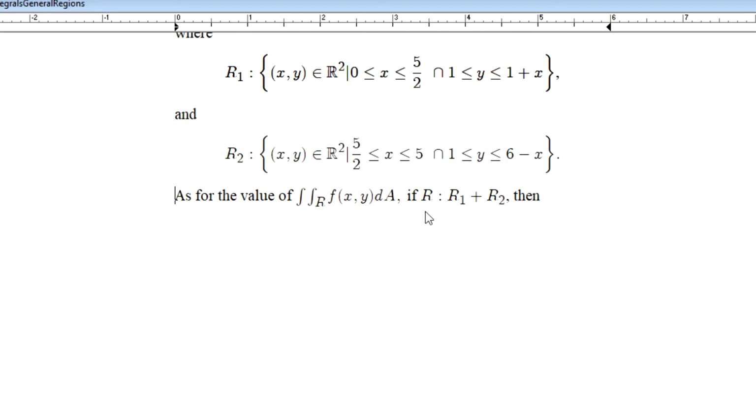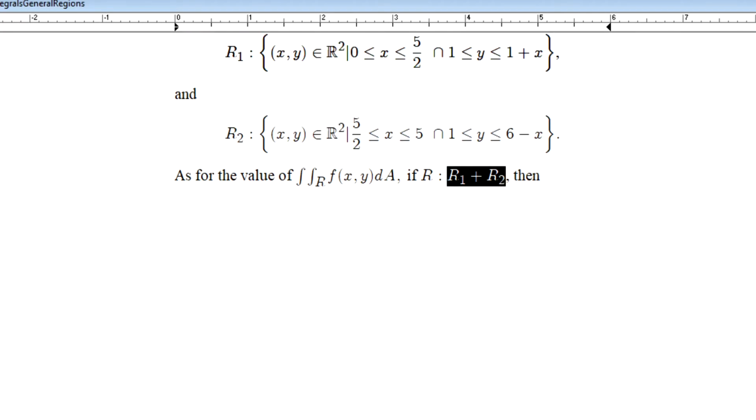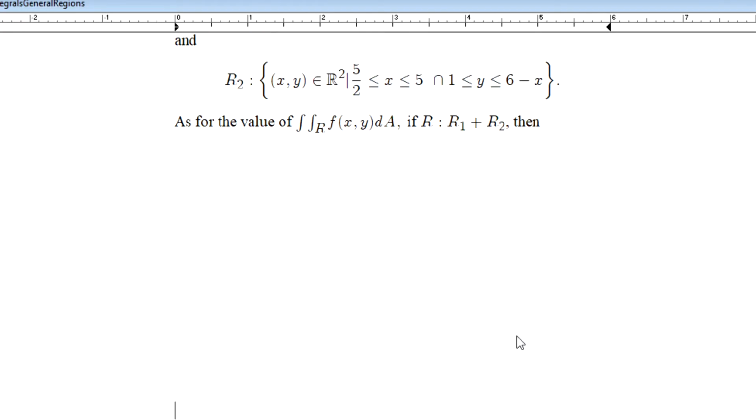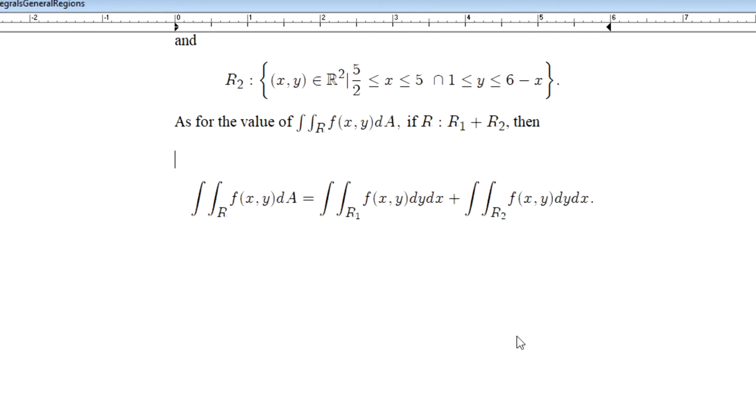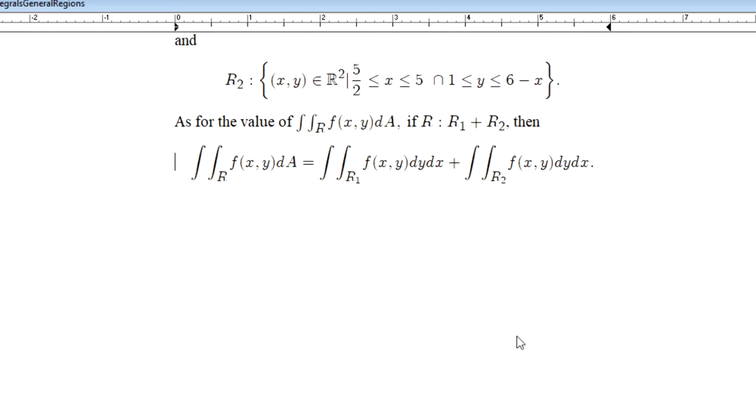Right? As for actually calculating the double integral of f over region R, if R equals the sum of these two regions, region 1 and region 2, then the way we're going to have to calculate that double integral is as a sum of two individual double integrations.